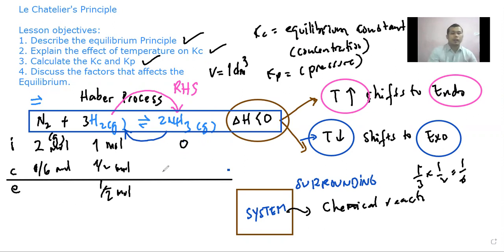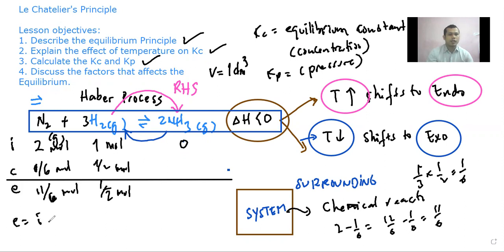So I have 2 minus 1 over 6, which is 12 over 6 minus 1 over 6, so I have 11 over 6 mole over here. Equilibrium is the difference between initial and change. I is initial, C is change, and E is at equilibrium.